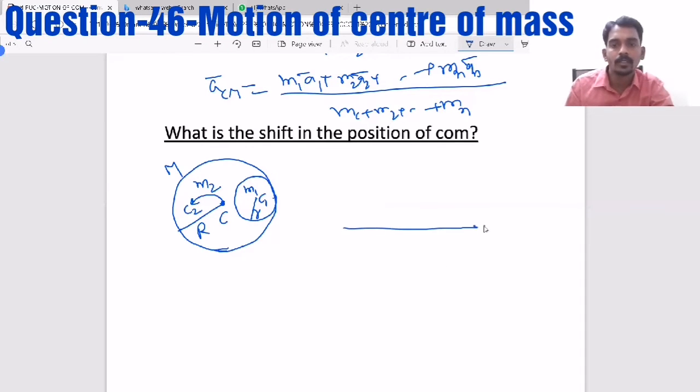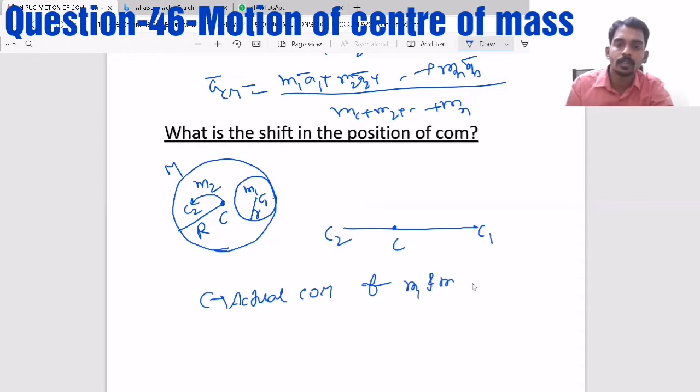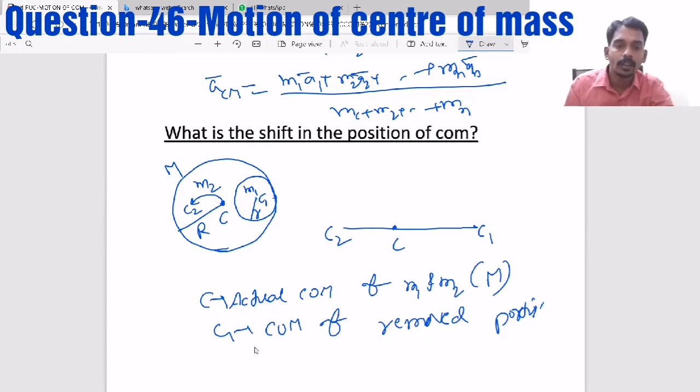So on a line, you consider C1, C2 and C. C is the actual center of mass of m1 and m2, nothing but the total mass. C1 is the center of mass of the removed portion and C2 is the center of mass of the remaining portion.